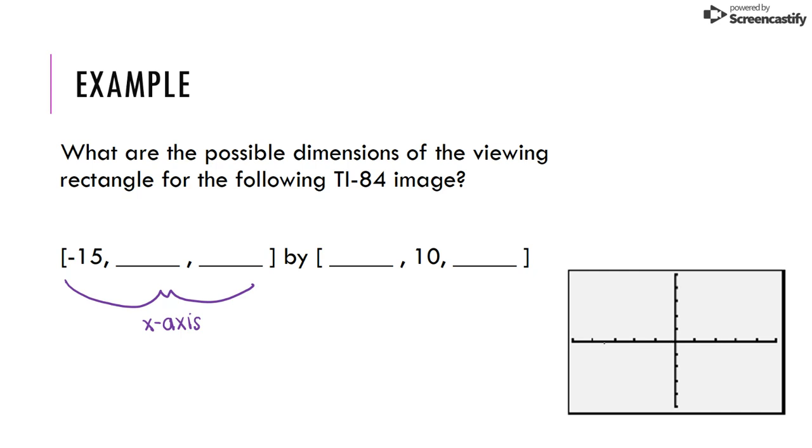So notice that if I'm looking at the left side of my x-axis, I see that there's 1, 2, 3, 4, 5 tick marks. So if my last number has to be negative 15 and there's 5 of them, I must be going up and down by 3s. So if you then count to the right-hand side, 1, 2, 3, 4, 5, there's 5 tick marks. And if I have to go up by 3s, that means that the maximum x value has to be 15.